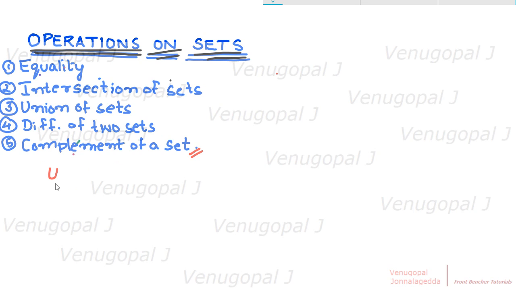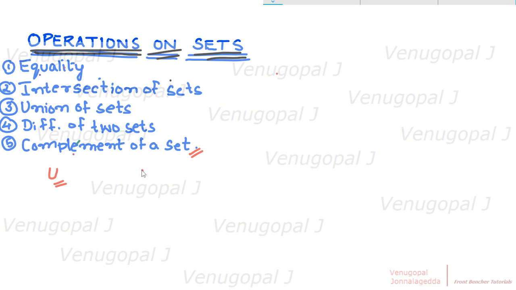If you remember what a universal set is, a set of all sets with respect to the other sets which are under consideration. So let me give you an example.